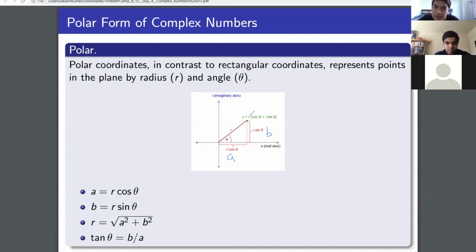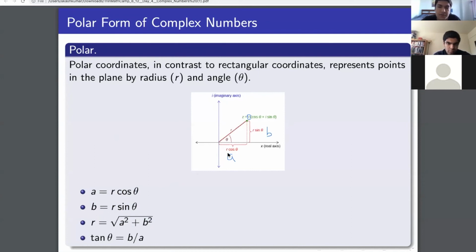Most of the time we just factor the r out, so we have r times (cos theta plus i sine theta). So these are just some conversions. The x coordinate a is r cos theta, the y coordinate b is r sine theta. This hopefully makes sense because r literally is the magnitude, the radius, and this is how we define magnitude. If you're not okay with the definition, feel free to just think of it as Pythag.